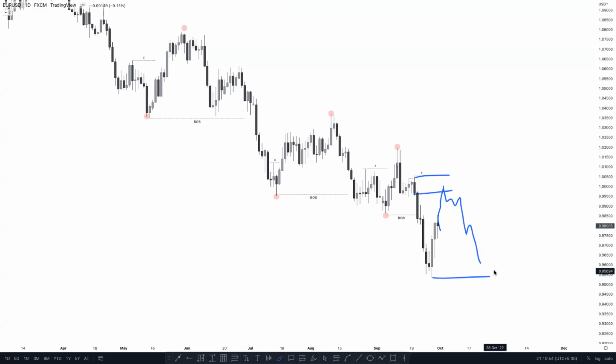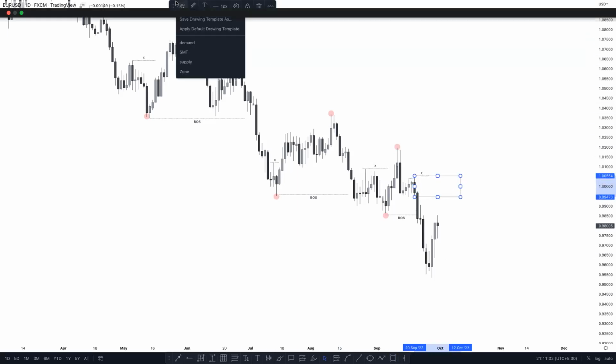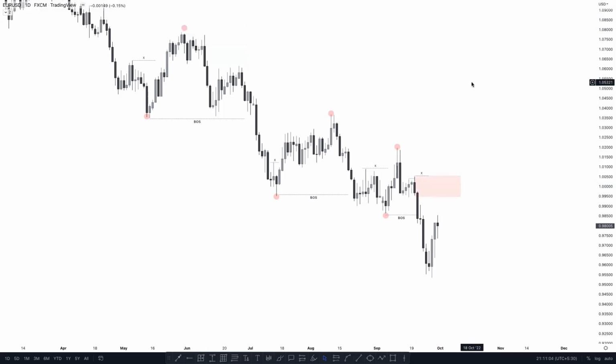So I'm expecting price to tap on the extreme order block here. Once price taps on this one, then we can sell for the short term, at least till this low, right? But our lower low will be confirmed when the market takes out the inducement, or maybe the market creates a new inducement, or maybe the market takes out this one, which is the present inducement in this line, right?